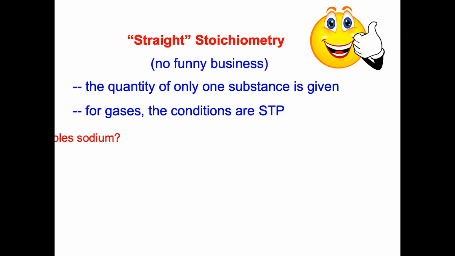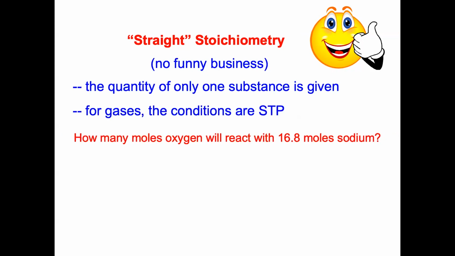For gases, conditions are at STP, and you'll probably be given one of the substances and have to find the other substance. For example, how many moles of oxygen will react with this much sodium? You're given the sodium amount, correct?